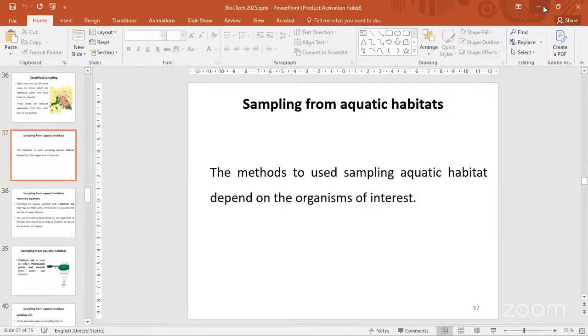We talked extensively on that. We also looked at some sampling instruments, including the quadrat, the transect, the grid net, and other things.